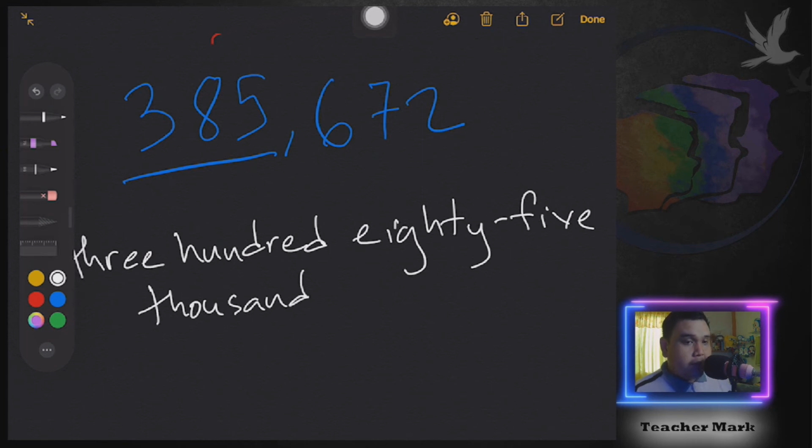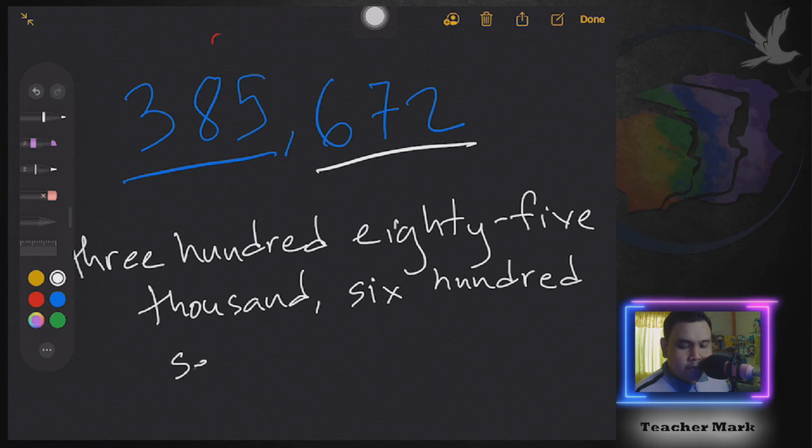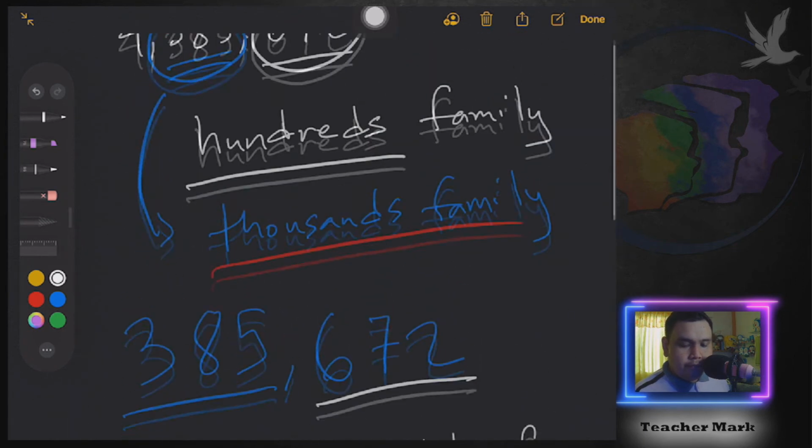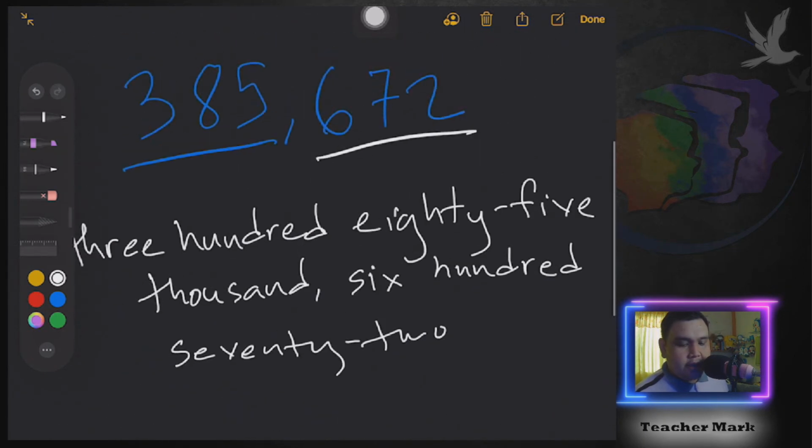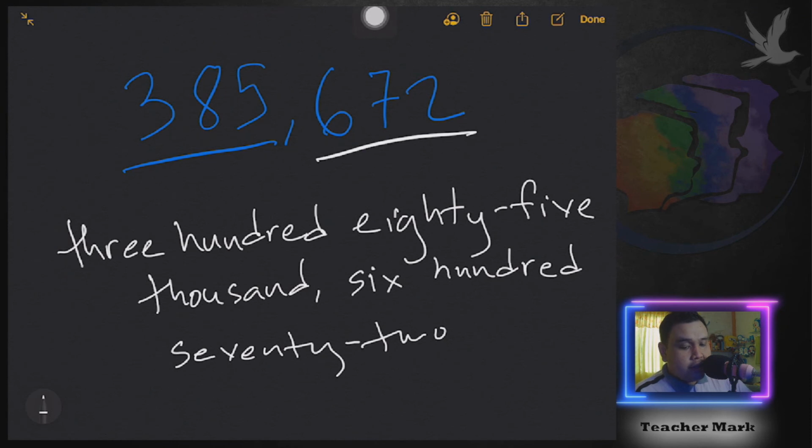And now we can finally add the last hundreds family, which is 672. So just like that, 385,672.